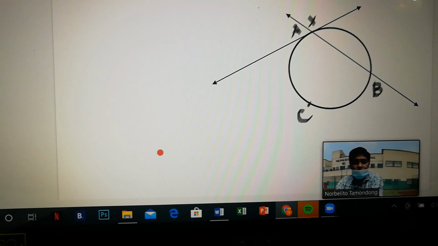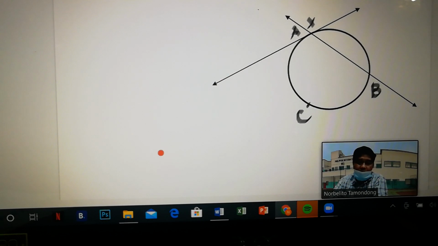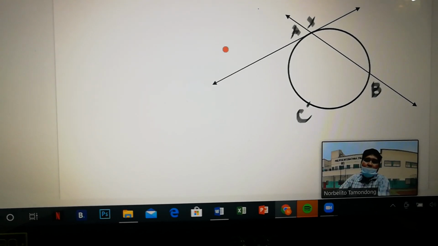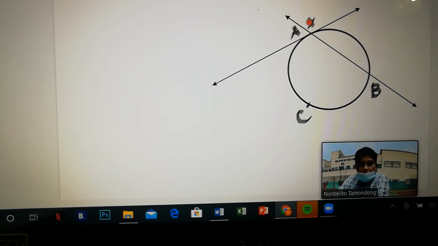Next, this is the angle formed by a secant and a tangent intersecting on the circle. This is angle x. So the intercepted arc is a major arc, ABC.